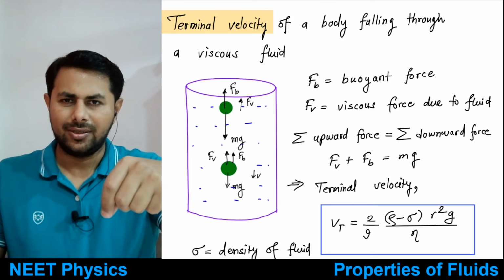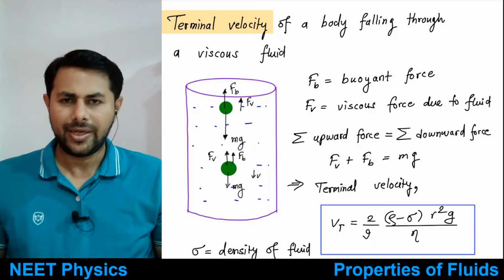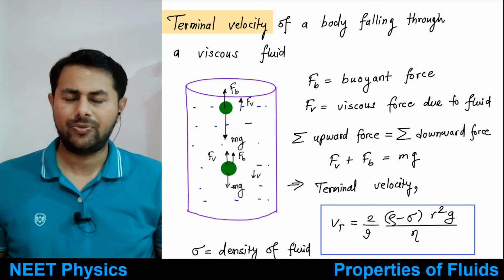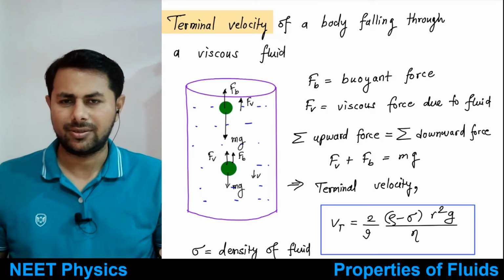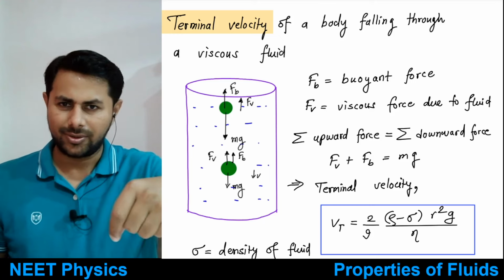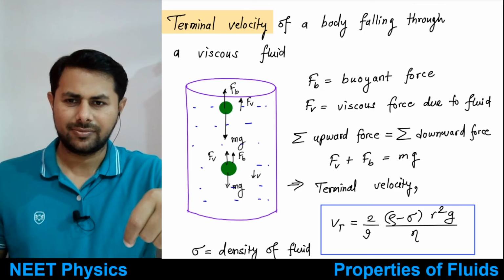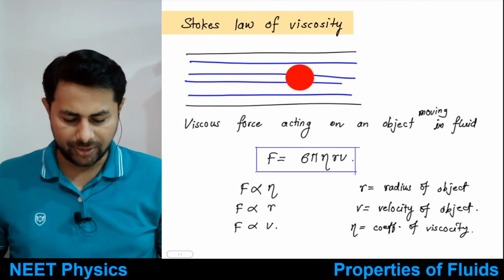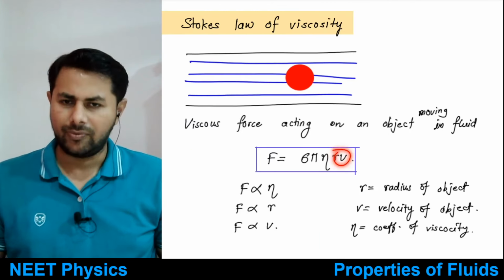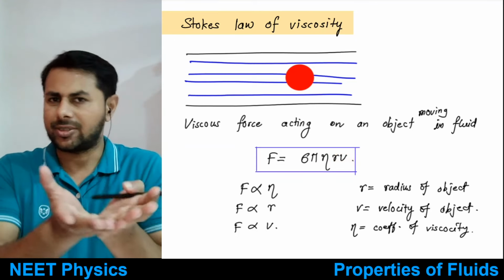But then there is the viscous force due to the air, because of which its acceleration would decrease, because the viscous force is directly proportional to what? Velocity. If velocity increases, there would be more opposing viscous force.